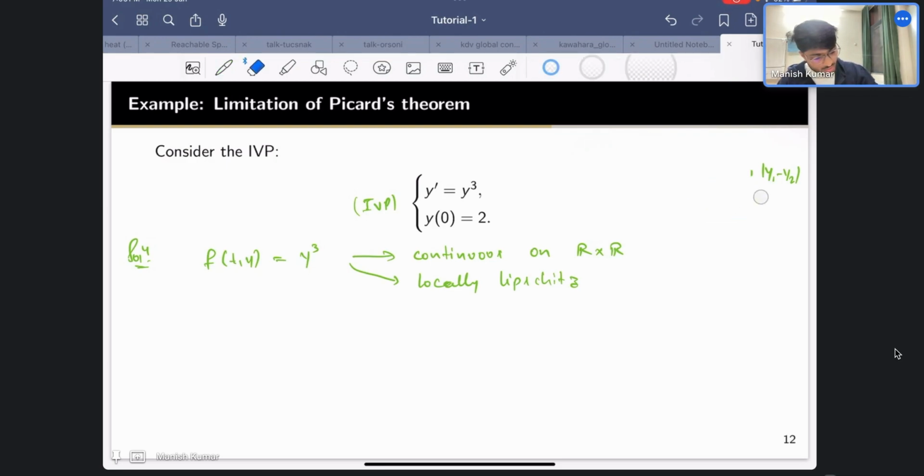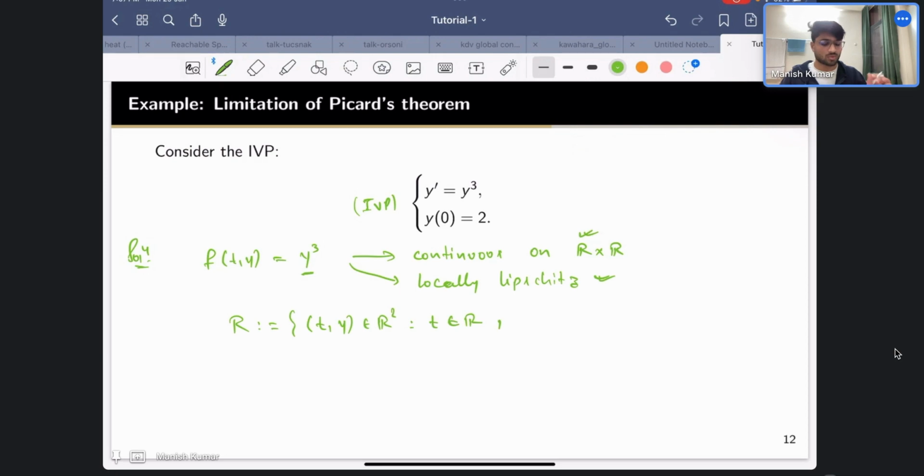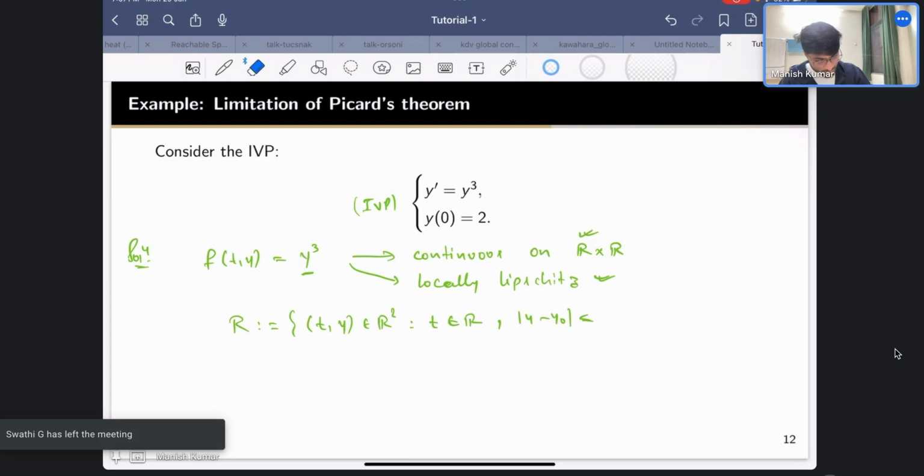Let us consider the rectangle R. R was the collection of (t, y) belonging to R2 such that, since this Lipschitz thing will not depend on time, we can take t to be in R because this function is continuous on the whole of R. But for y we have to take a closed domain, so |y minus y naught| is less than or equal to b. Here y naught is 2.